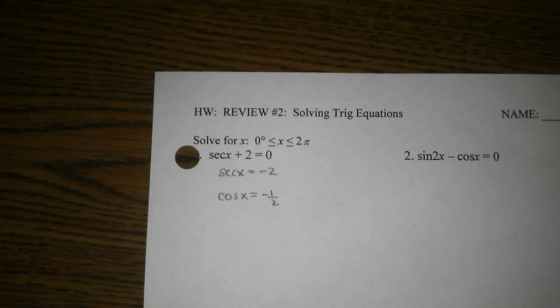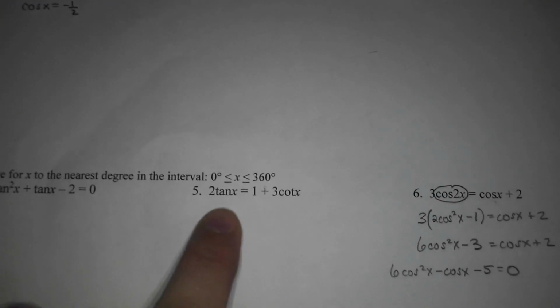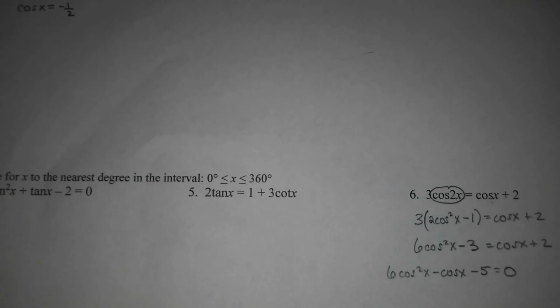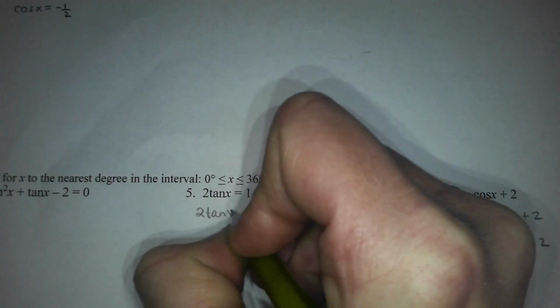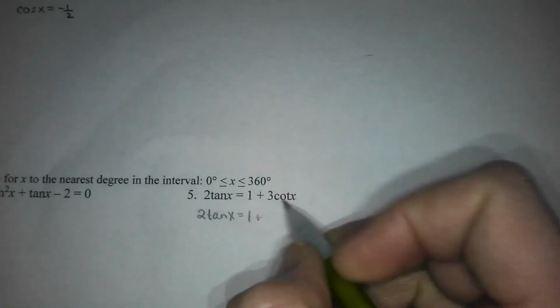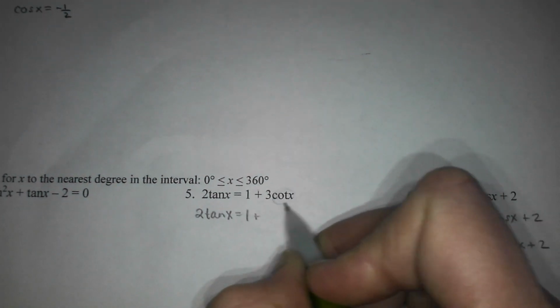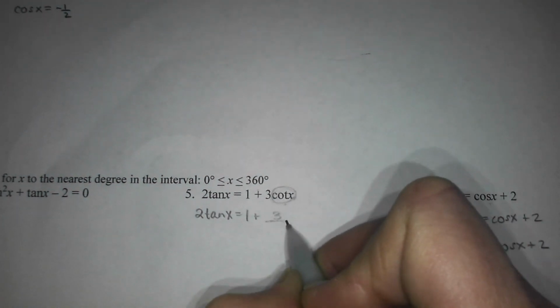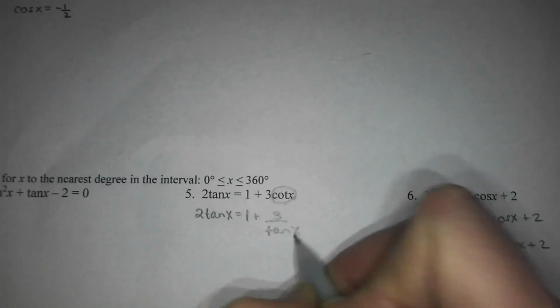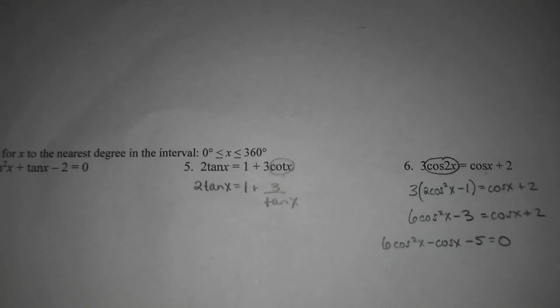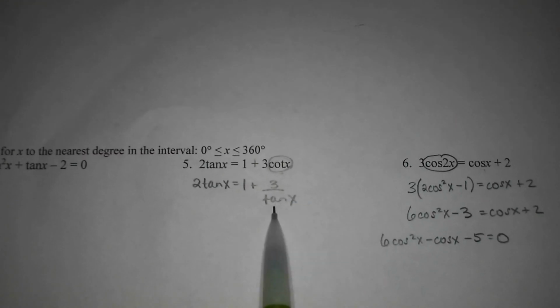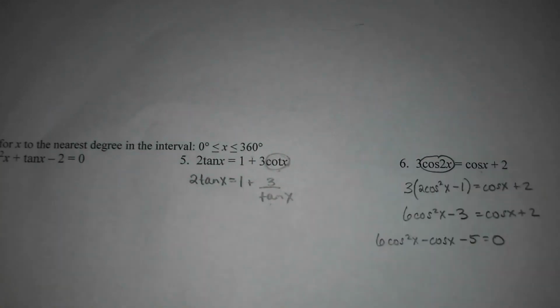Mike? Okay, so 5, because there's a combo of tan and cotan, my first step would probably be to change this into 1 over tangent, which will make it 3 over tangent. Do you follow? And then I'm going to multiply everything by tangent to get rid of that. We should not like denominators, right?